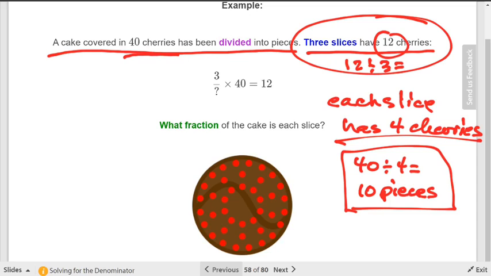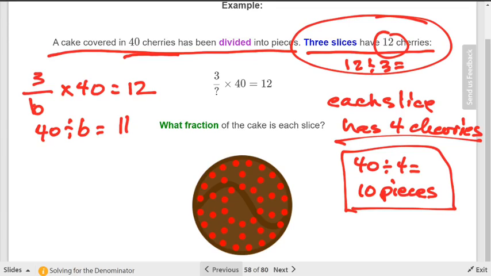Now, again, you can go back to your algorithm with that. That's 3 over our B we didn't know, right? Times 40 equals our 12. Normally, we would take 40 divided by B equals some number, but we can't, okay? And then 3 times that number would equal 12, right?